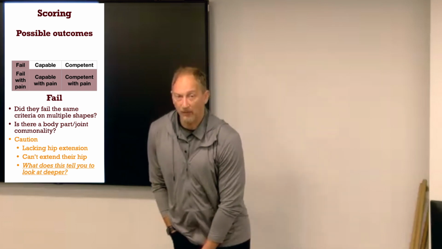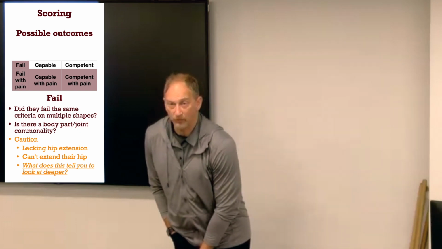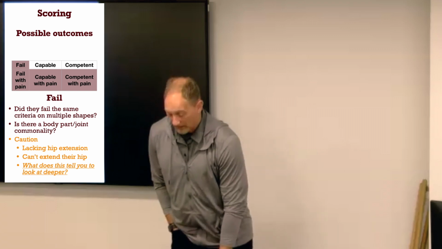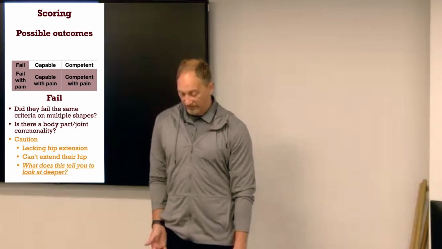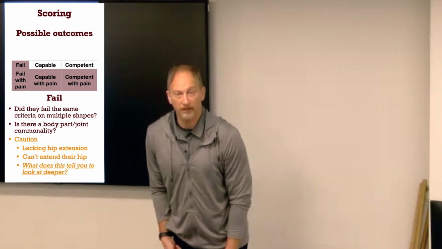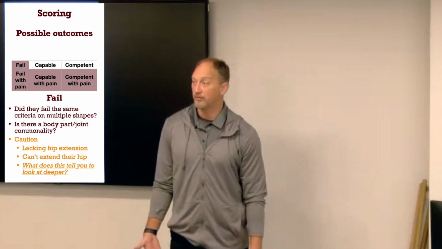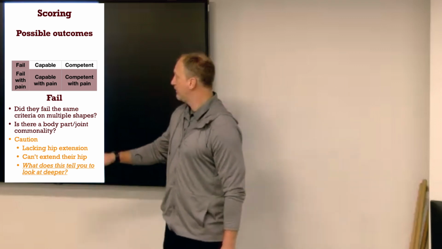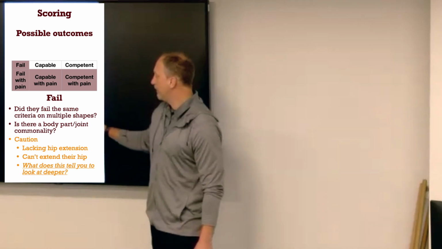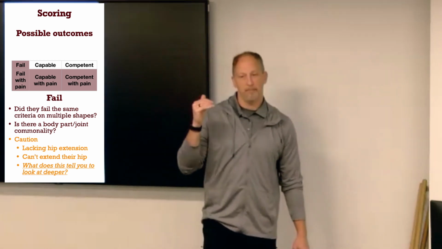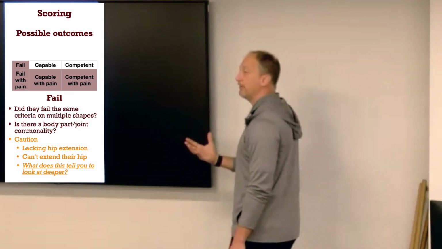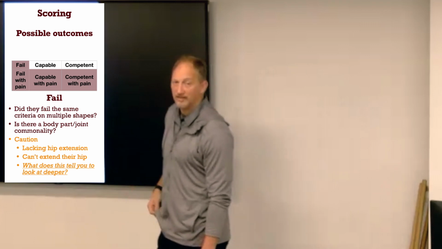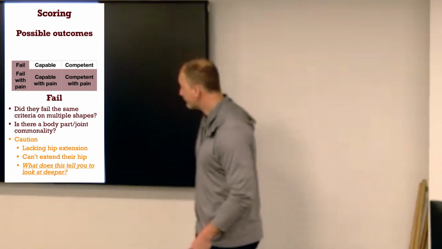Absolutely. I want to see, is this just a random thing they do here, and then all of a sudden when I flex, it goes away? Or is it something that only happens when they're in symmetrical stance, but as soon as they go asymmetrical, it's fine? As soon as I see they fail something, I want to make sure I'm paying a little bit more attention to that. I'm more sensitive to that in the other shapes that involve that same criteria.